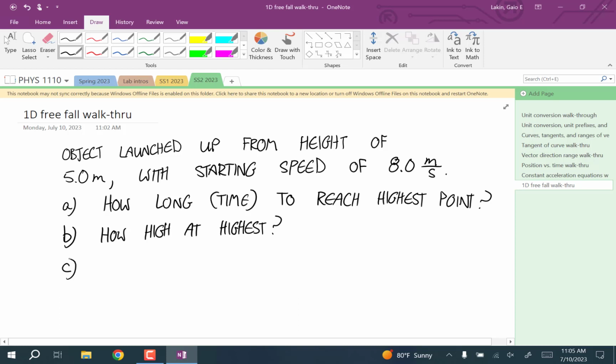Third, we want to know how long in elapsed time before the object hits the ground. So that's the total time from when it's launched to when it hits the ground.